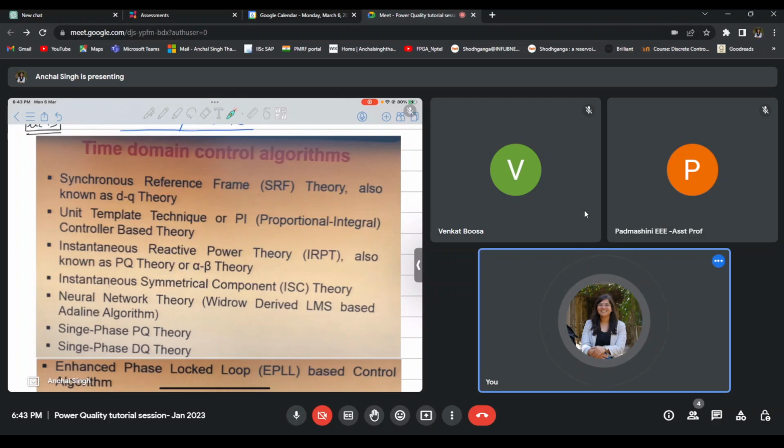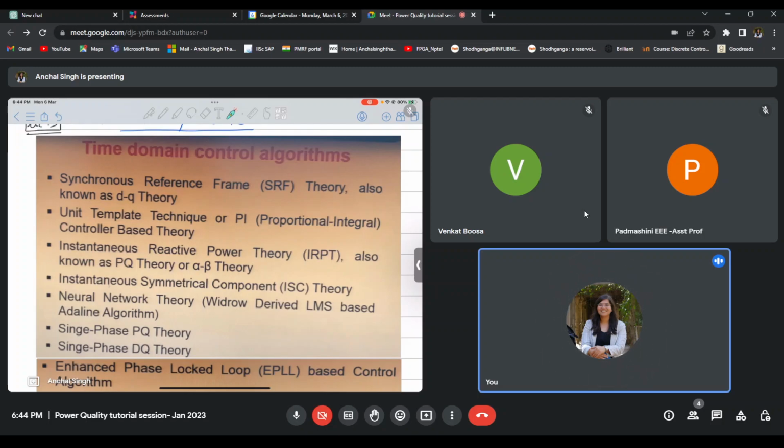therefore we are unable to do it quickly. My grid frequency cycle is 20 milliseconds, corresponding to 50 hertz. Since my frequency cycle is very fast, I need to act fast for dynamic compensation. And since I need fast acting, mostly time domain control algorithms are preferred compared to frequency domain control algorithms.